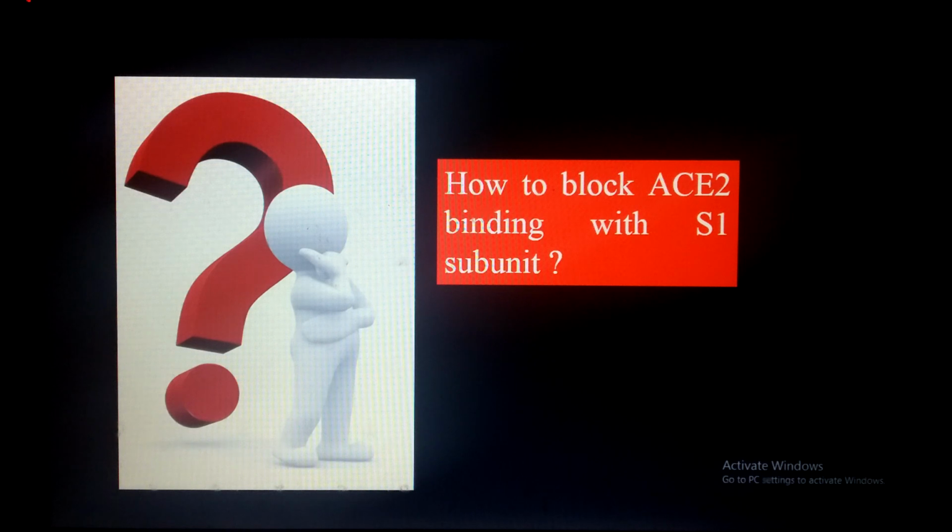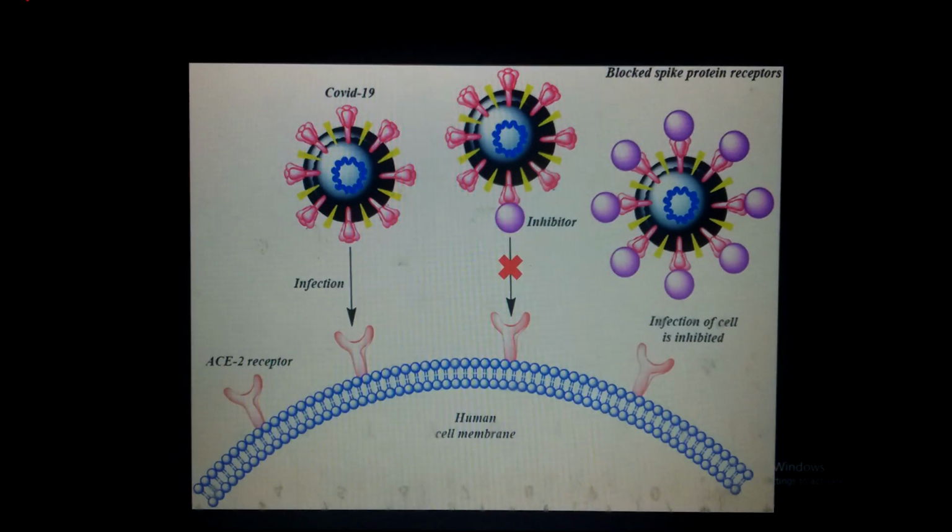Most of the researchers throughout the world are working on this: how can we block or stop ACE2, the receptor of the host cell, from binding with the S1 subunit? Much work is going on.